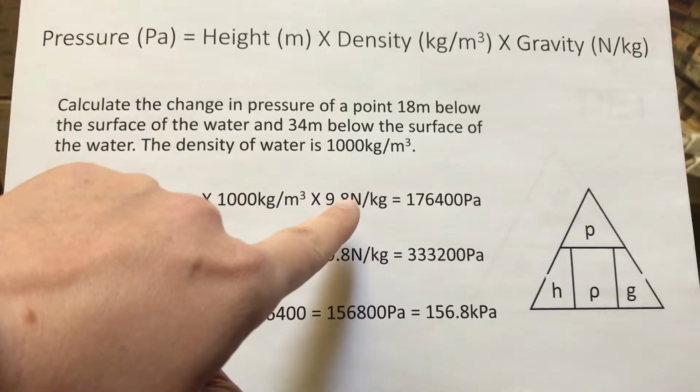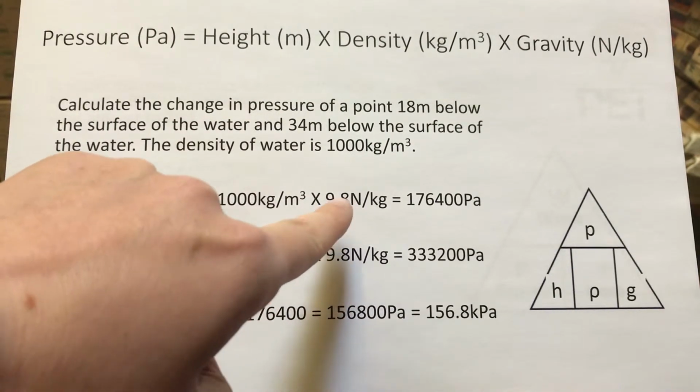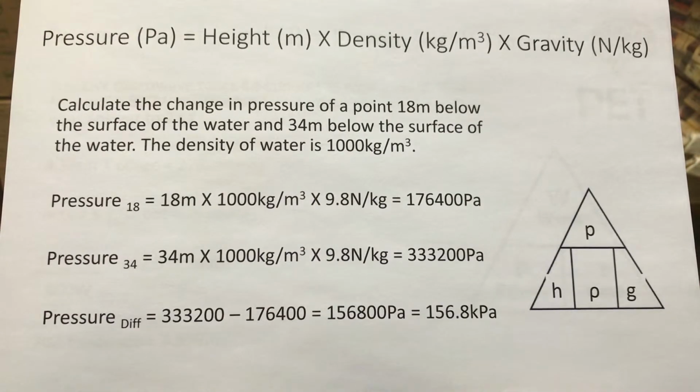They will assume you can remember it's 9.8. You will not be given that fact in the exam. So you'll be thinking, but I've got too many unknowns. It's because you need to remember for yourself that gravity is 9.8 newtons per kilogram. So we've got all of our units in the correct units.